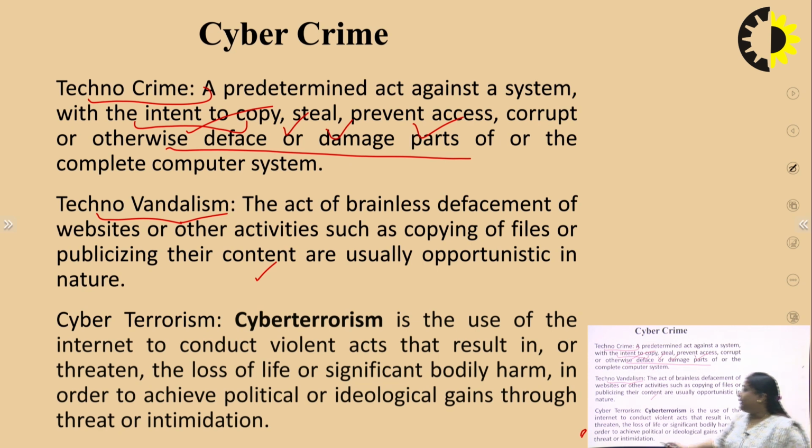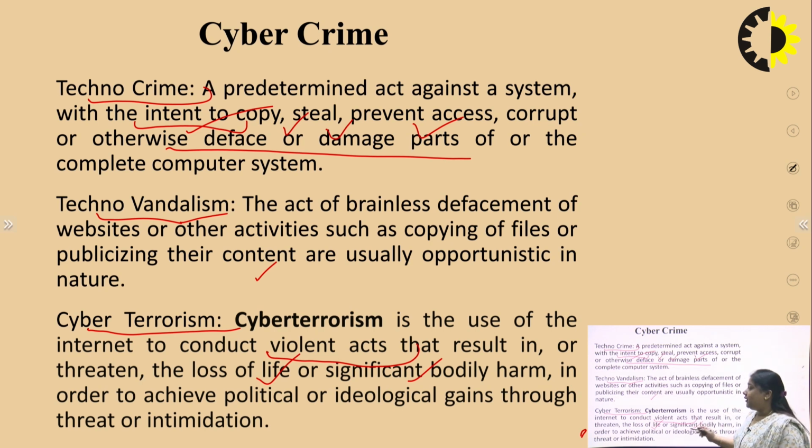Now, what is cyber terrorism? These are forms of terrorism related to cyber crimes. Cyber terrorism is the use of the internet to conduct violent acts that are used to threaten someone, and that can result in loss of life or significant bodily harm, in order to achieve political or ideological gains through threat or intimidation.